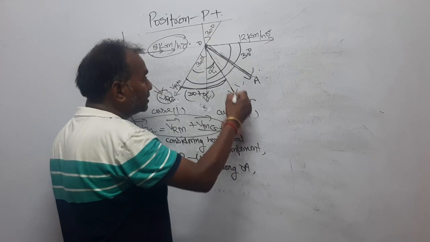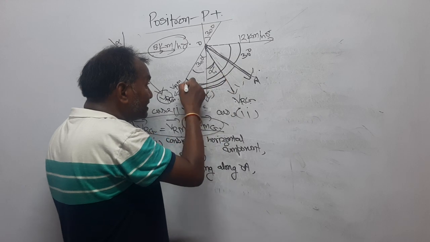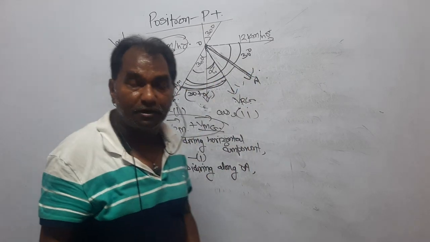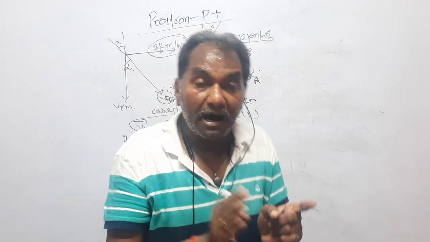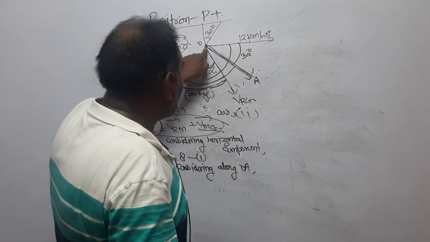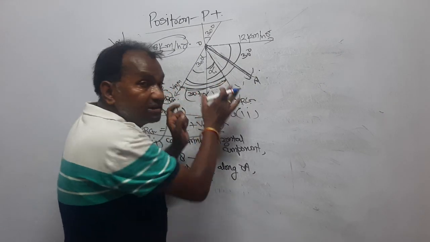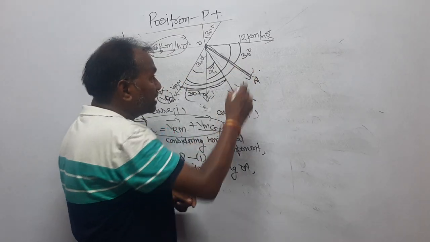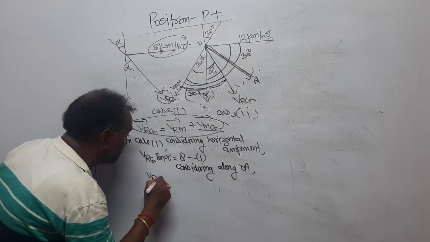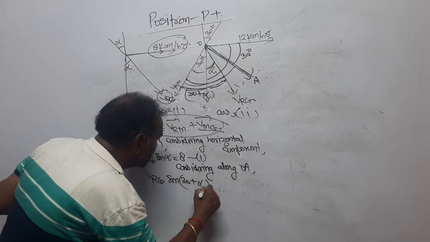Now you have to take velocity of RG along this, meaning the angle is 30 plus alpha, and the component is away from the angle, so it is a sine component. Component adjacent to the angle is cos, and the component of VRG along OA is away from the angle. These two are the rectangular components. So along OA, this component is going to be VRG sine(30 plus alpha).